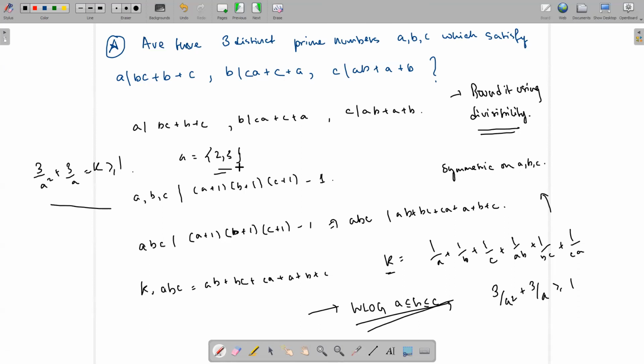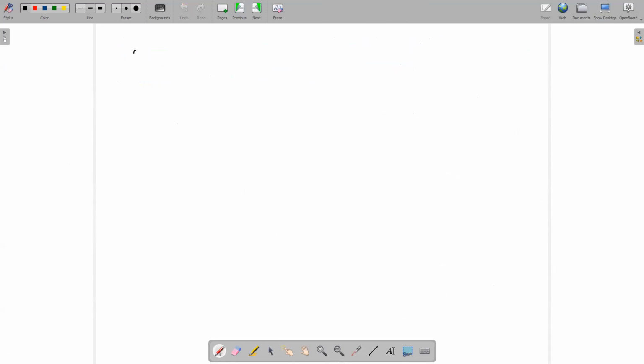So what about the case for A equals to? Then we have what?